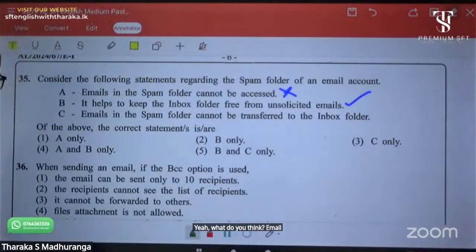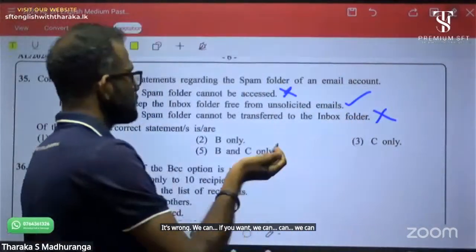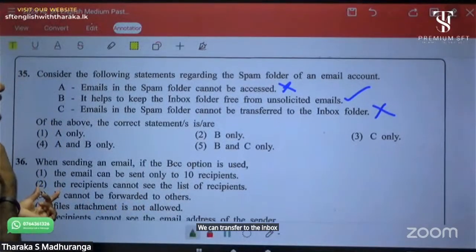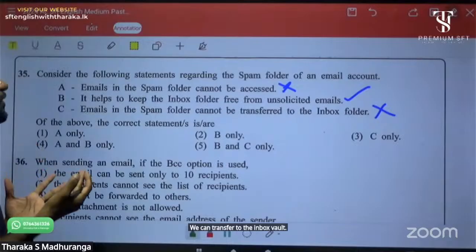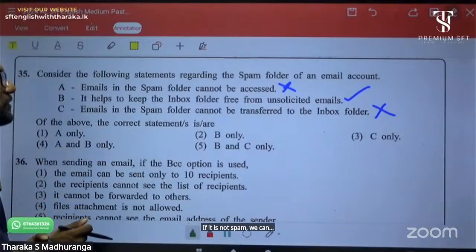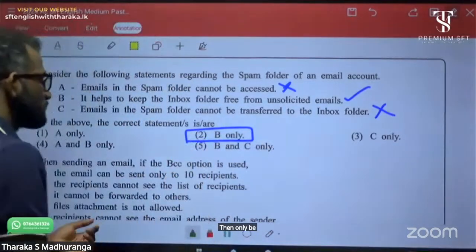Emails in the spam folder cannot be transferred to the inbox folder. It's wrong. If you want, we can transfer them to the inbox folder. If it is not spam, we can transfer it. Then only B is correct. Answer number 2.